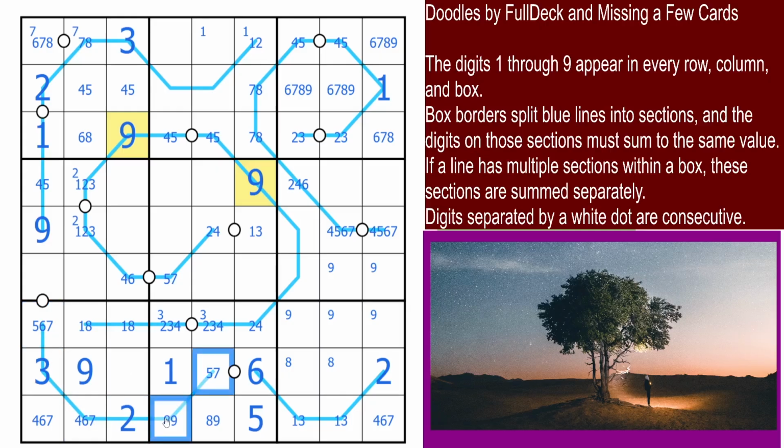No, not possible, right? If that's 7, yeah, this is minimum 17, which is not possible. That can't be 7 now. That's 4 or 6. 4, 6, 7. Okay. Simple reduction there.